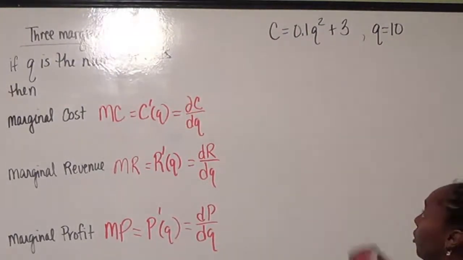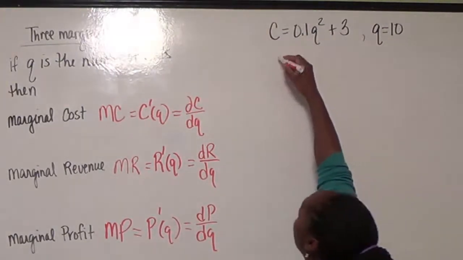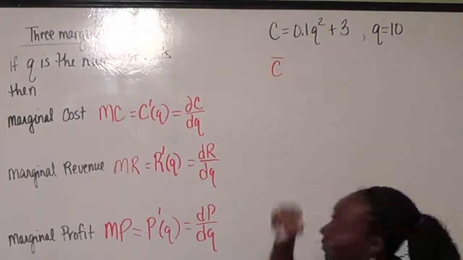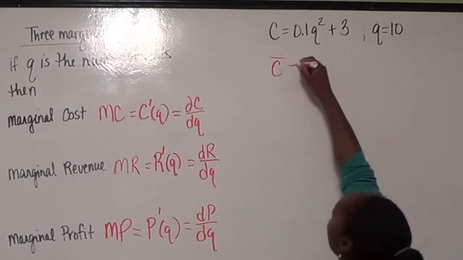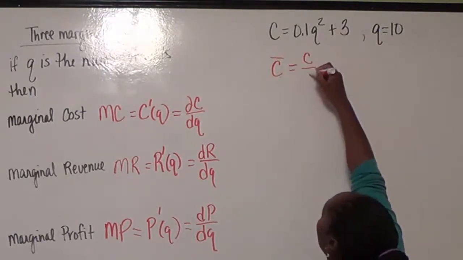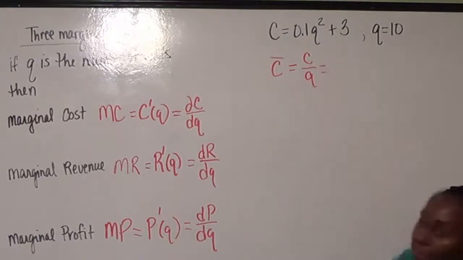So, for average cost, if you remember from your prerequisite course, C bar, we denote average cost to be our cost divided by the number of units.